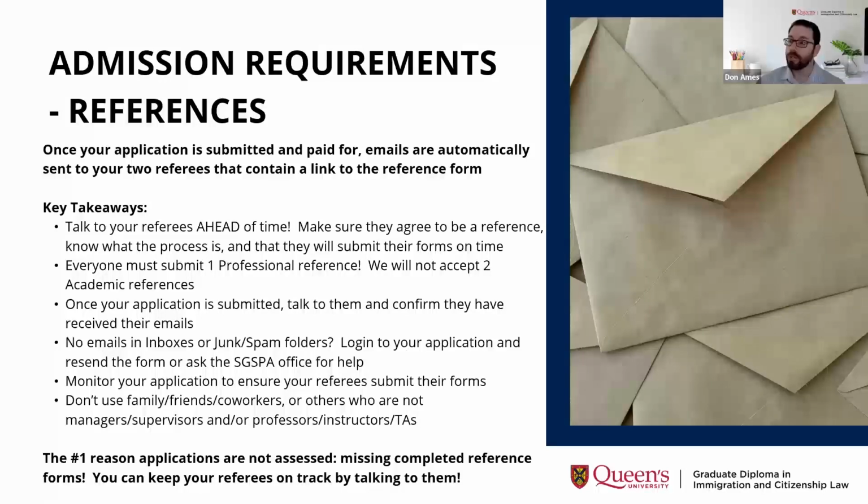You should not see or touch your forms. You should not be submitting your reference forms. Make sure your referee is doing all that on your behalf. If you talk to them and they have not received the email, get them to check their junk and spam folders. Or if you need further assistance, contact the SGSPA office. They could resend the documents as necessary.